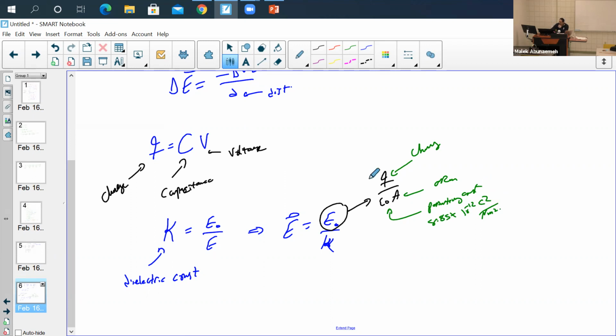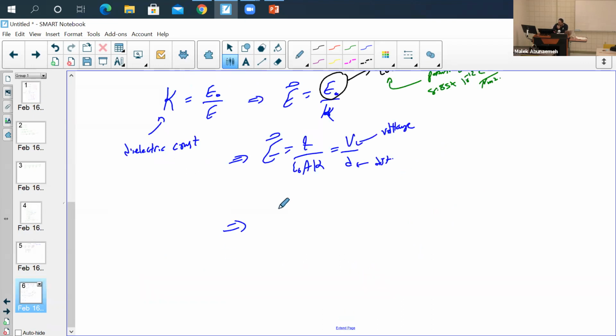Now, if you substitute this in there, your electric field is going to equal Q over epsilon naught A multiplied by your kappa, which is going to equal your voltage divided by your distance.